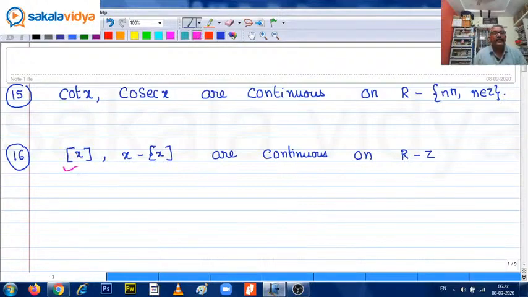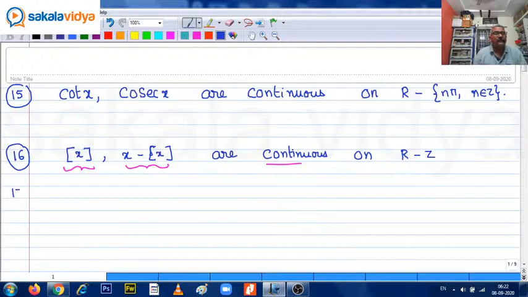Otherwise, they are discontinuous, because the left hand limit and right hand limit are not equal. So that's why it is not continuous on R. It is continuous on R minus Z.